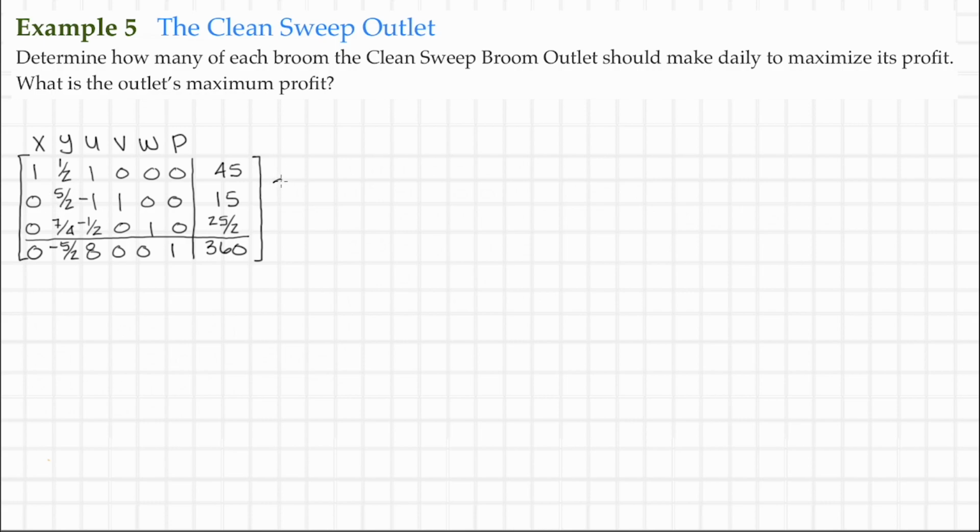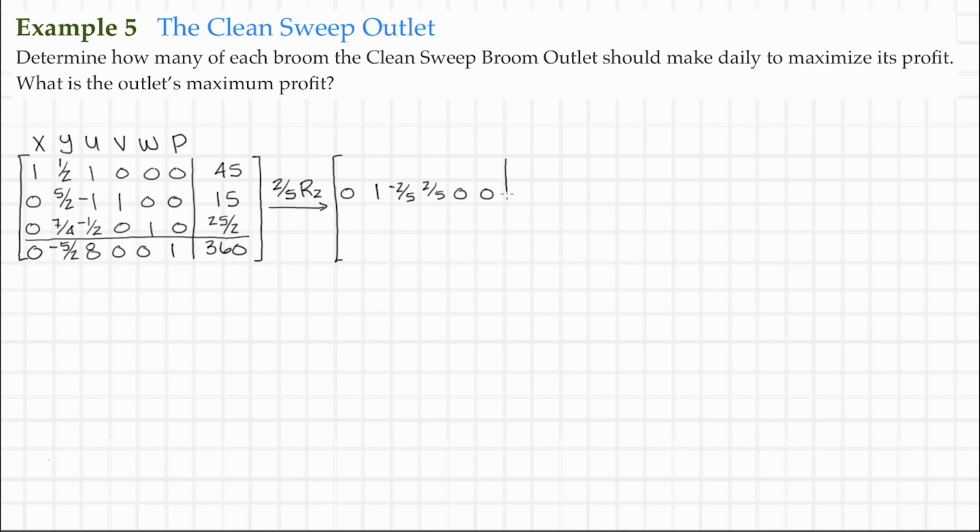So then we'll start with 2/5 of row 2. Put in our bracket. 0 times 2/5, that's 0. 5 halves times 2/5, that's 1. That's the whole idea. Negative 1 times 2/5, that's negative 2/5. 1 times 2/5, 2/5. 0, 0.